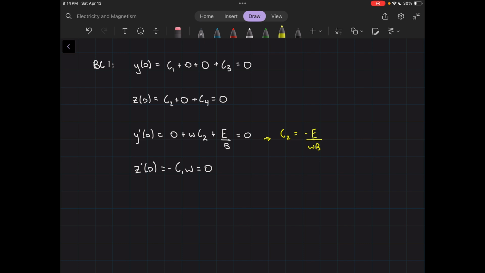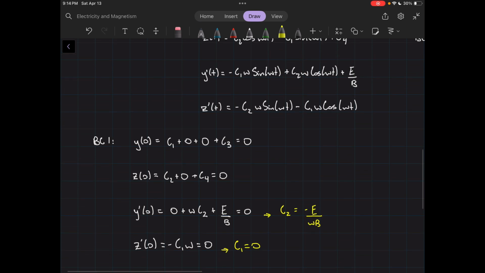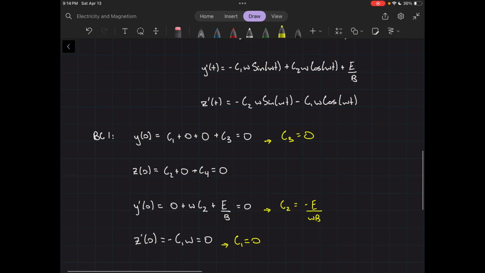So this is great. We can say that c1 is equal to 0. Now if we go back to the top, c1 plus c3 is 0. If c1 is 0, then c3 has to be 0. And based on the second one, c2 plus c4 equals 0. So therefore, c4 equals E over omega B.